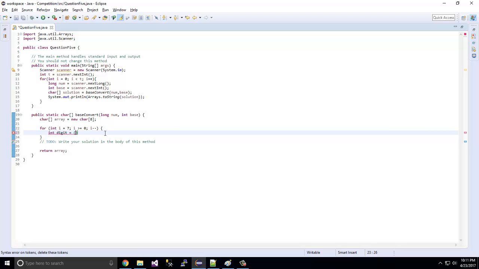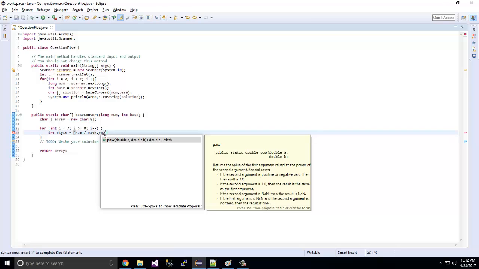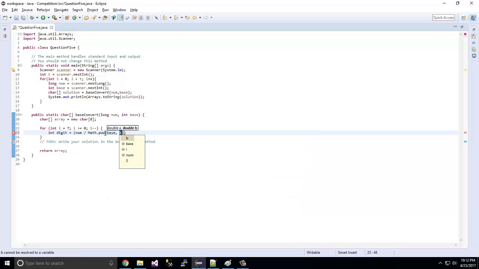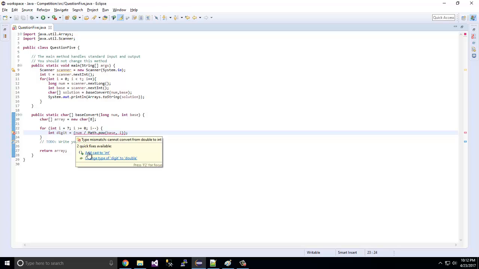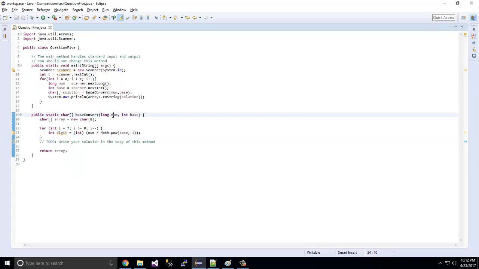We'll take our number that we're trying to fit into, divided by this usually smaller number that we're trying to fit into it. In this case, this can be our base to the power of the current power that we're at. So that would be I. And we just divide. And then we need to cast this to an integer since we started with a long, which is for our num. So this will give us the digit at this current power place.